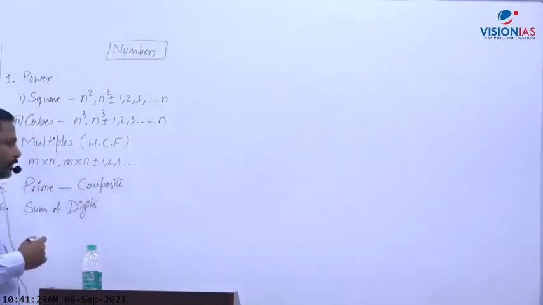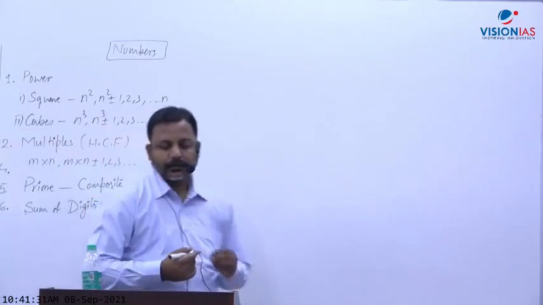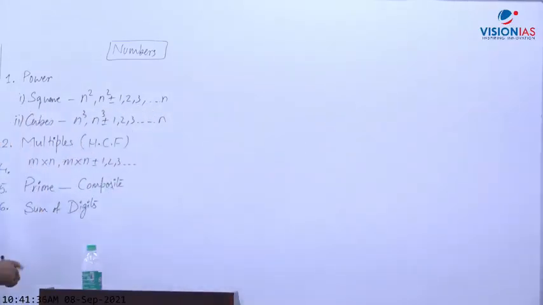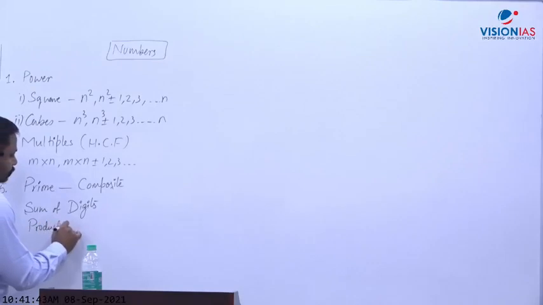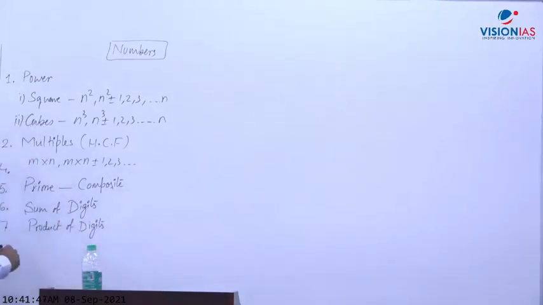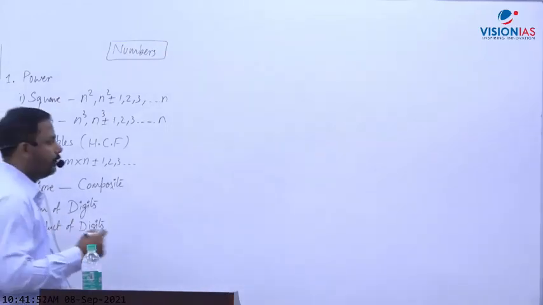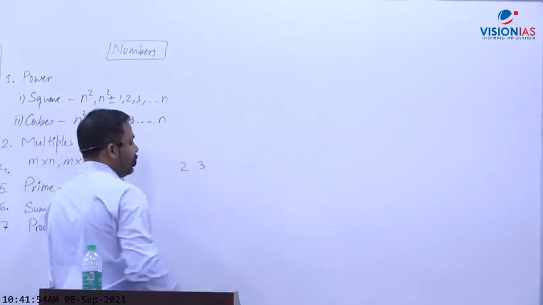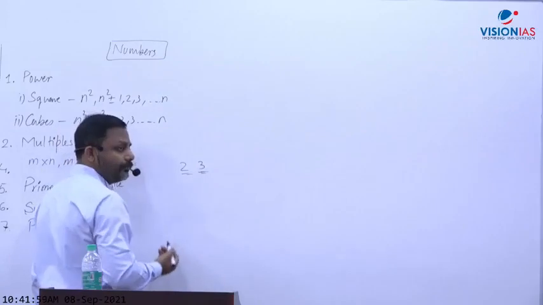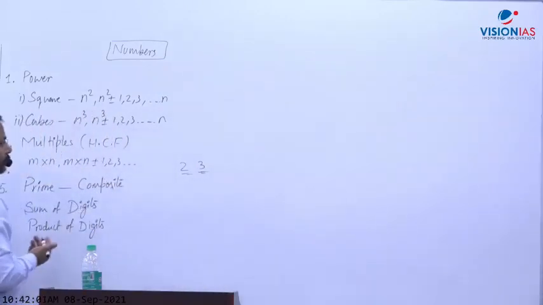If there are, let's say, 4 options, out of which 3 of them are having the same sum of the digits, then we can go for product of the digit also. Means we need to consider the digits individually. Like if 23 is mentioned, we can consider these 2 digits differently, 2 and 3.